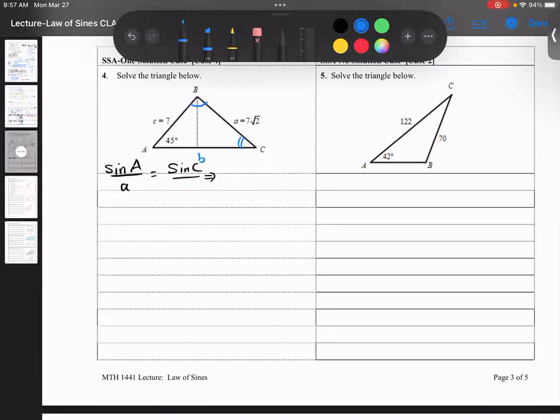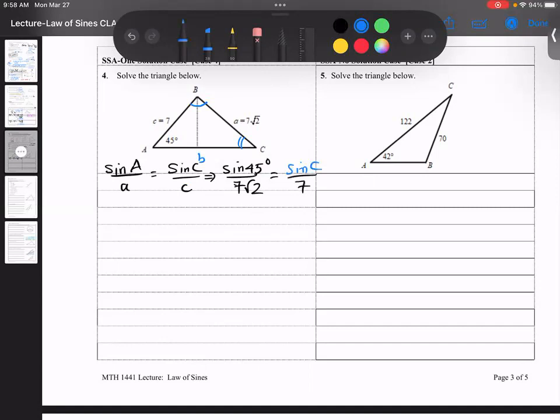I want to solve for sine C, right? So sine C, put it in black. Sine C equals, let me do it like this so I'm not making a mistake. Sine A is sine of 45 degrees divided by little a, which is 7 root 2, equals sine C, which I don't know, over little c, which is 7.